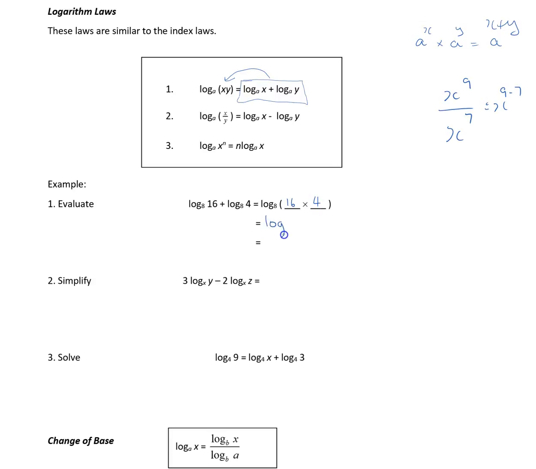Now, this is going to nicely pan out. 16 times 4 is 64. So what I'm actually looking for now is the power that you raise 8 to get 64, and we know the answer to that is 2. So while I didn't know the individual logs when they were written in this format, I could rewrite it, and without a calculator, I could find the simplified answer.